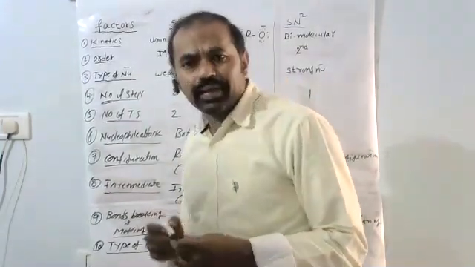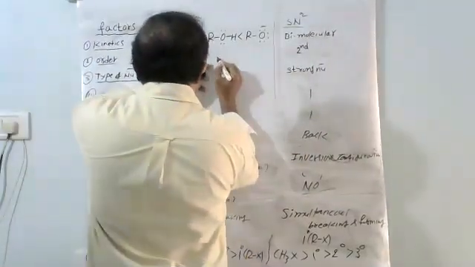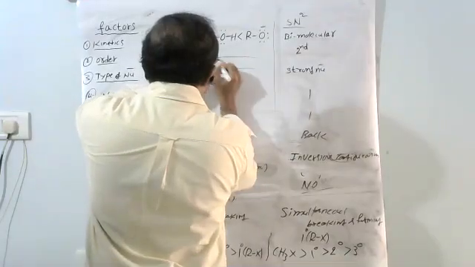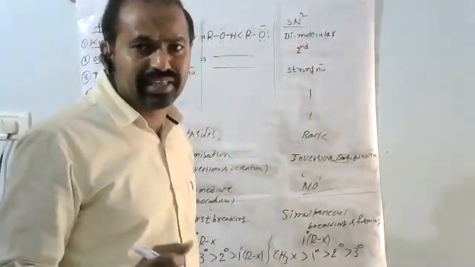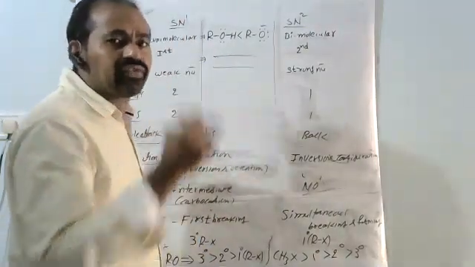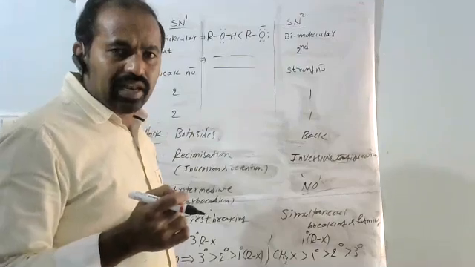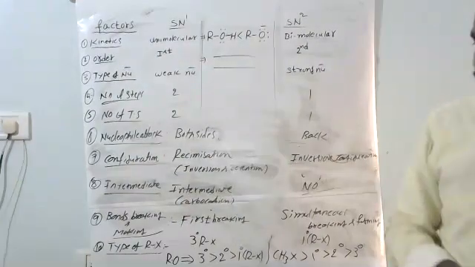Second thing, in the periodic table, period means left to right. The horizontal rows are known as periods: first period, second period, third period, 7 periods are there. If we take the second or third period, from left to right the nucleophilicity strength decreases.